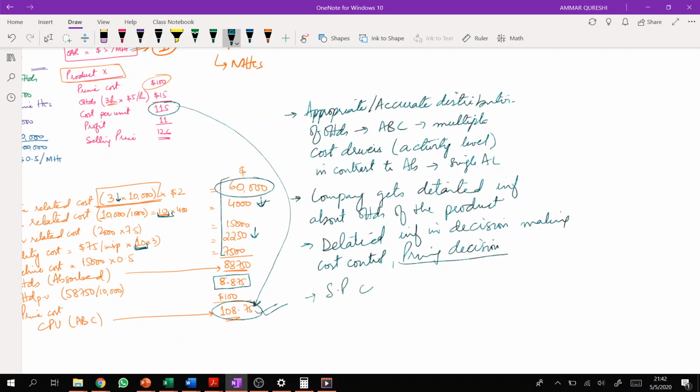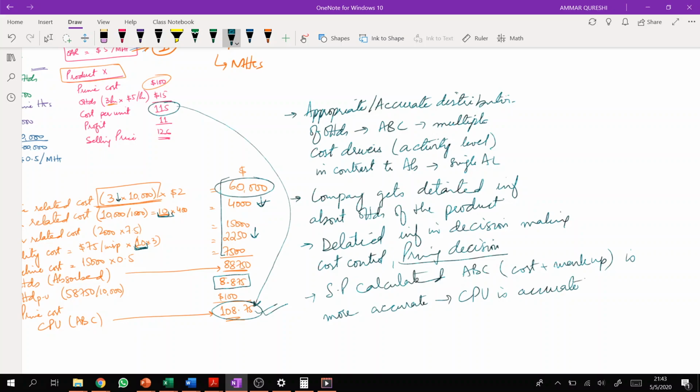Selling price calculated under activity based costing, if the company is using cost plus markup basis. Cost plus markup. Selling price calculated under activity based costing is more accurate, as cost per unit is accurate.